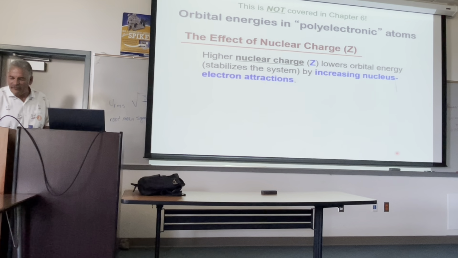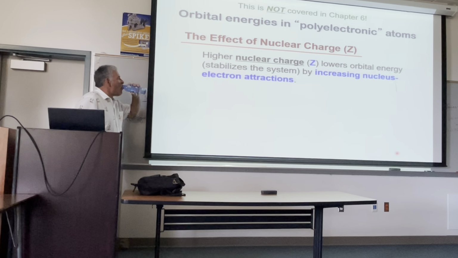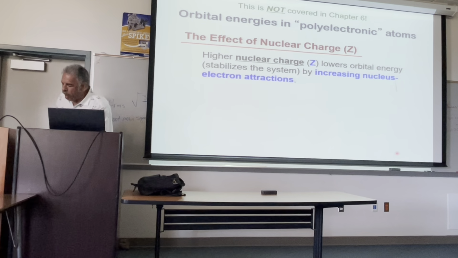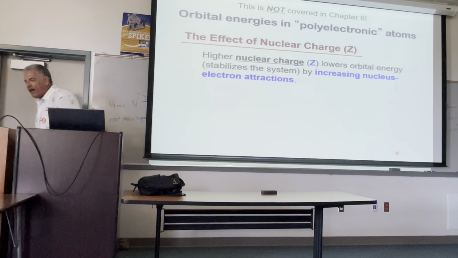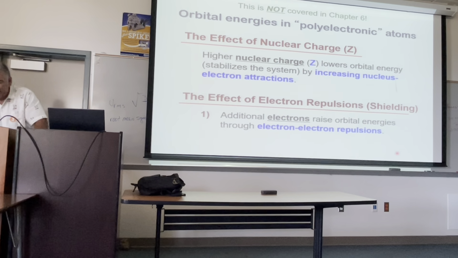Okay, so the effective nuclear charge Z. I'm probably not going to ask you about this, but it's good to know. Normally I would, but we missed 2 weeks. Higher nuclear charge lowers orbital energy by increasing the nucleus-electron attractions. Then there are the effective electron repulsions, so shielding.